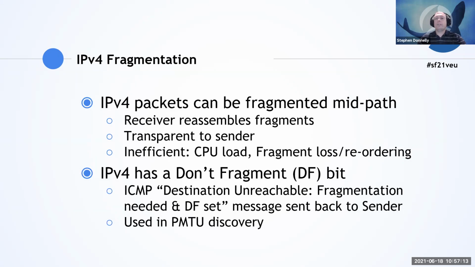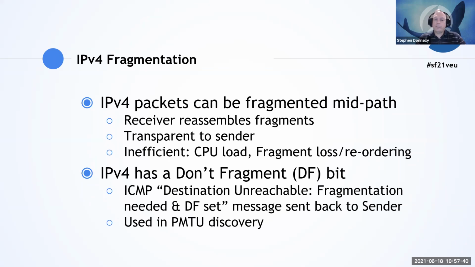So a packet is traveling from router to router down a network path, and then the next link has a lower MTU. The router can choose to fragment the packet into pieces that are small enough to fit into the next network link. It's up to the receiver to reassemble the fragments back together to get the original packet. And that is completely transparent to the sender. The sender doesn't know that a router partway through the network has done that.